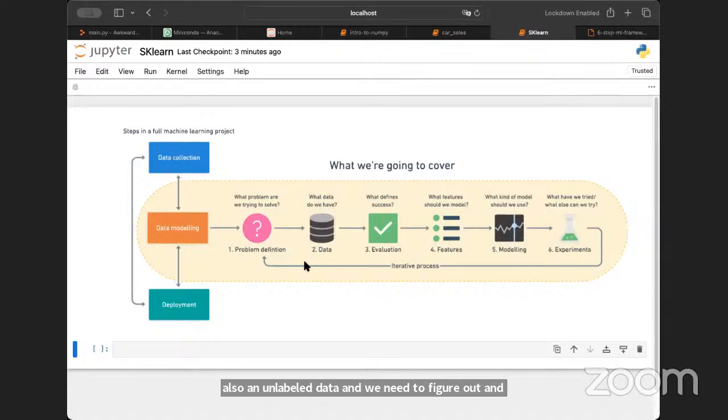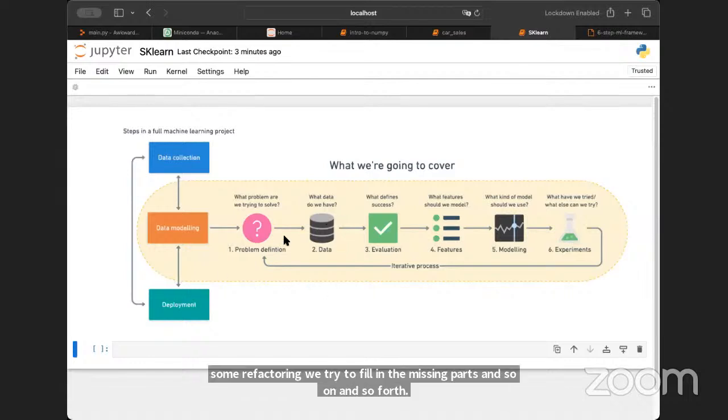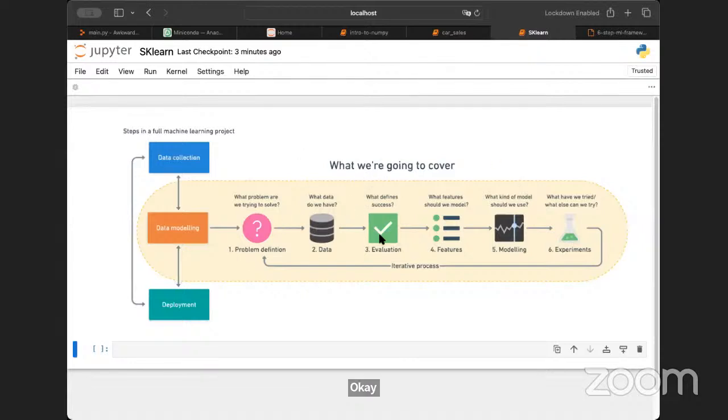Then we have our data. We need to analyze that data. Maybe we do some data visualization. We do some refactoring. We try to fill in the missing parts and so on and so forth. And then we are doing some sort of evaluation. So that is where it is.